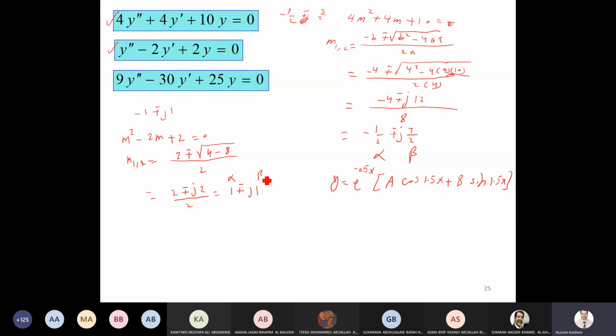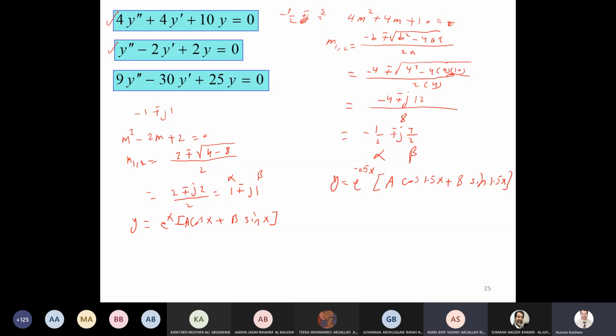This is alpha, this is beta, so we write the solution directly. y equals exponential x, open bracket, a cosine beta x, meaning cosine x, plus b sine beta x, which is again sine x.